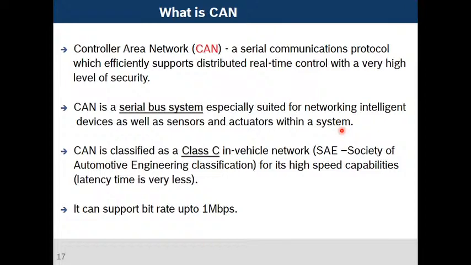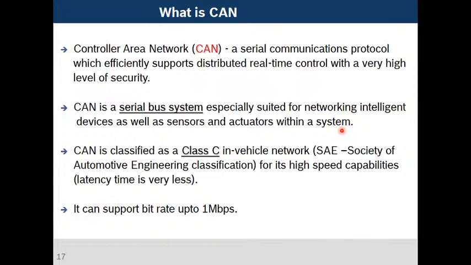CAN is a serial bus system especially suited for networking intelligent devices as well as sensors. ECUs are involved in the CAN protocol. CAN is classified as Class C in vehicle networks, I mean by the SAE, Society of Automotive Engineers, classification. It is high-speed capable, and the main advantage is that the latency is very low. CAN can support a bitrate up to 1 Mbps.